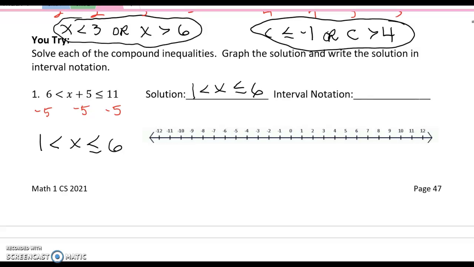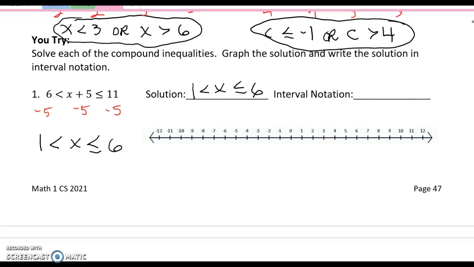Undoing the operation of adding 5, we're going to subtract 5 from all three parts in this compound, and that's all we need to do to get x by itself. So our solution is a three-part solution, 1 less than x less than or equal to 6.